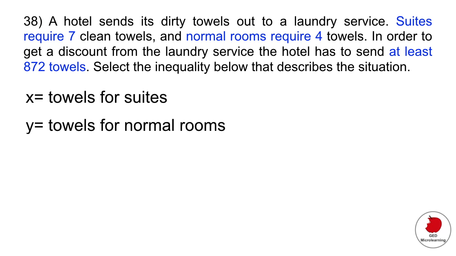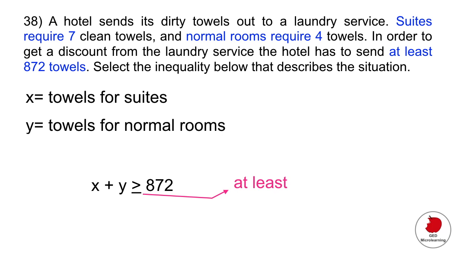All right. So we're going to call X the number of towels that are required for a suite, and Y the number of towels required for a normal room. So they're telling us in the question that both of these numbers have to equal at least, so more than or equal to 872, in order for them to get the discount.